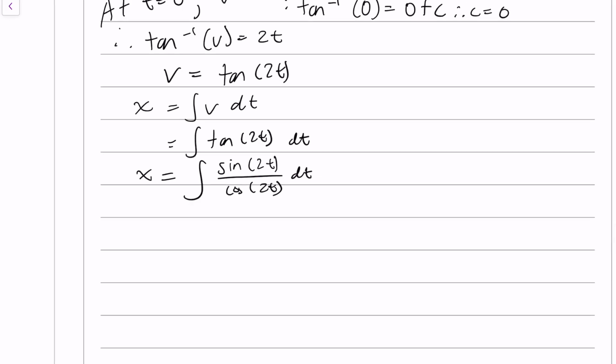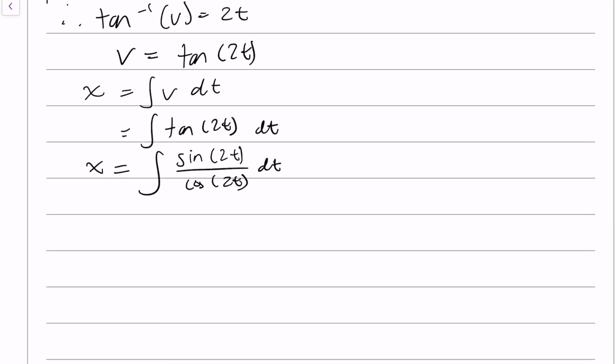So if we differentiate just the bottom part, the denominator, we get -2 sine 2t.